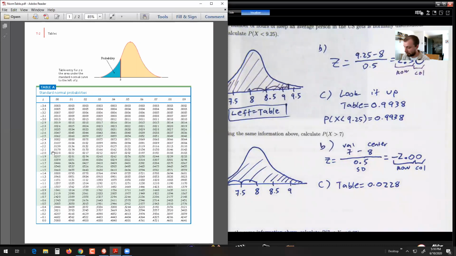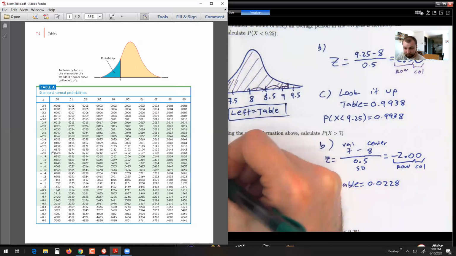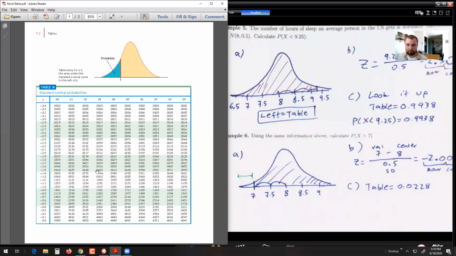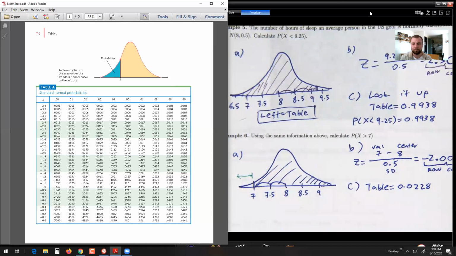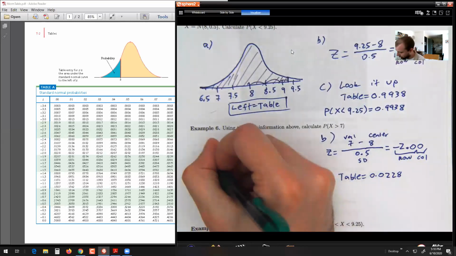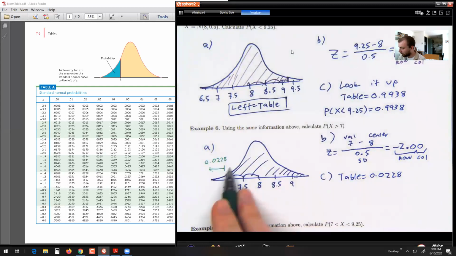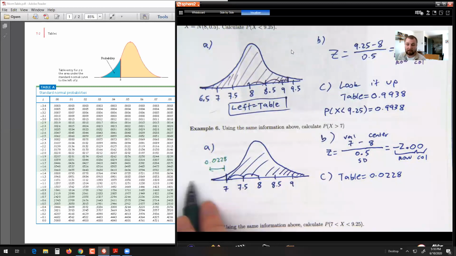Now here's what this means. On my picture, I have in this left tail 0.0228 shaded from this z-score and down.